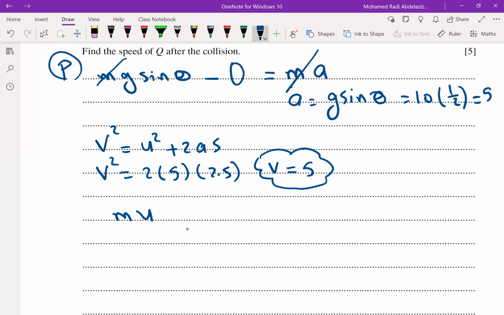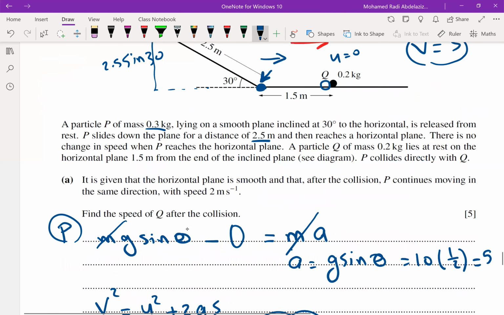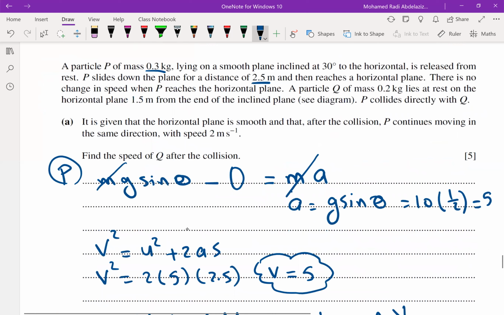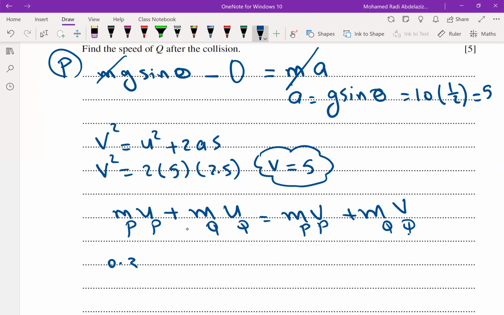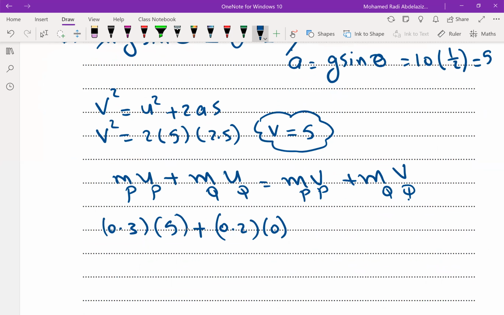So mu plus mu, this is for particle P, this is for particle Q, is equal to mv plus mv, particle P, particle Q. If you take the direction positive to the right, the mass of P is 0.3 times velocity before, 5, plus mass of Q, 0.2, times 0.